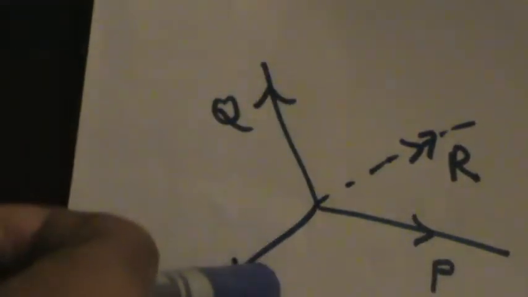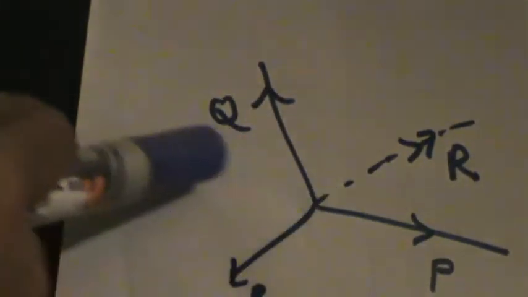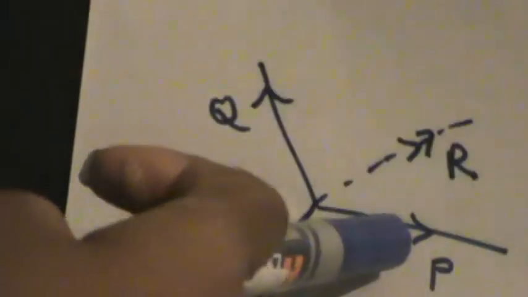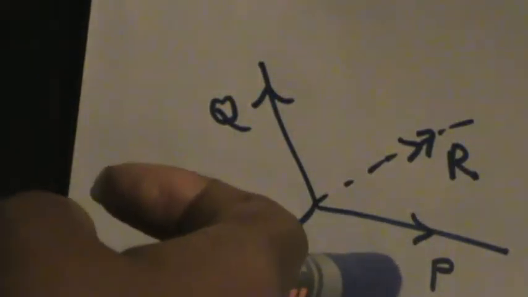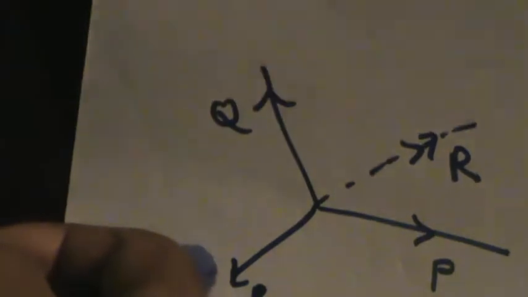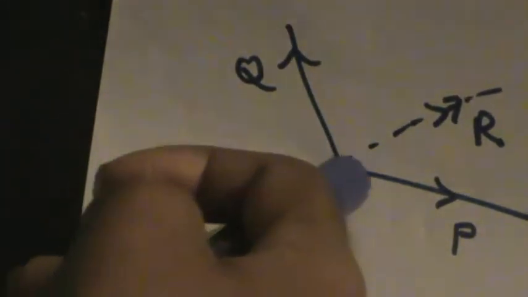The resultant of these two forces is on this side between these two forces, so the third force is in a direction equal and opposite to this one. The object will again be in equilibrium, and a similar effect takes place between R and P as well. The resultant will be in this direction, and the third force, which is Q, will be equal and opposite if it is in equilibrium.